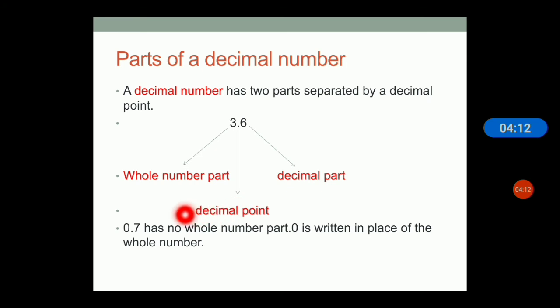In 0.7, there is no whole number part; the whole number here is 0, and 7 is the decimal part. So 0.7 is equal to 7 by 10.